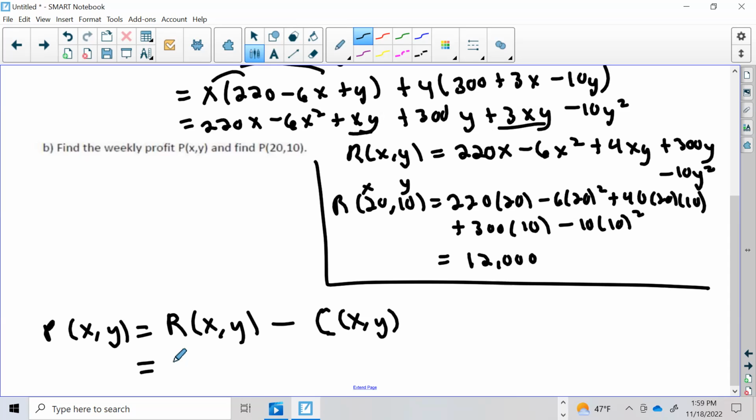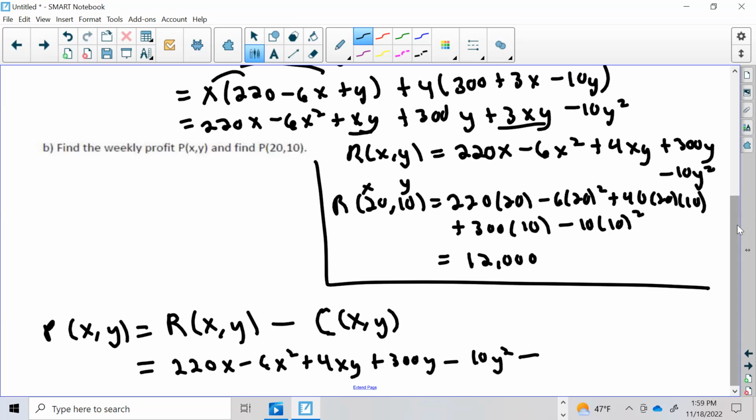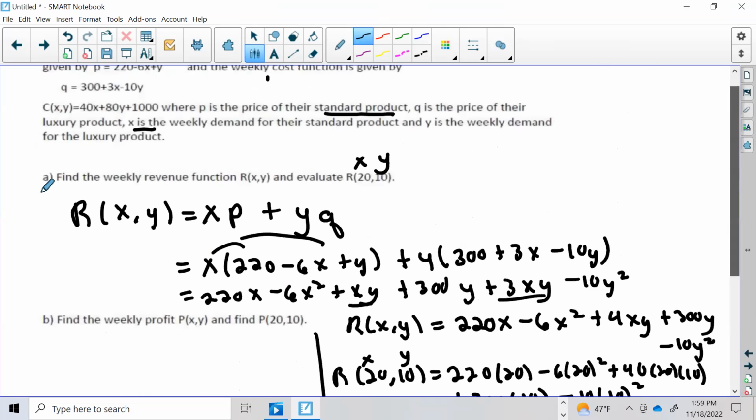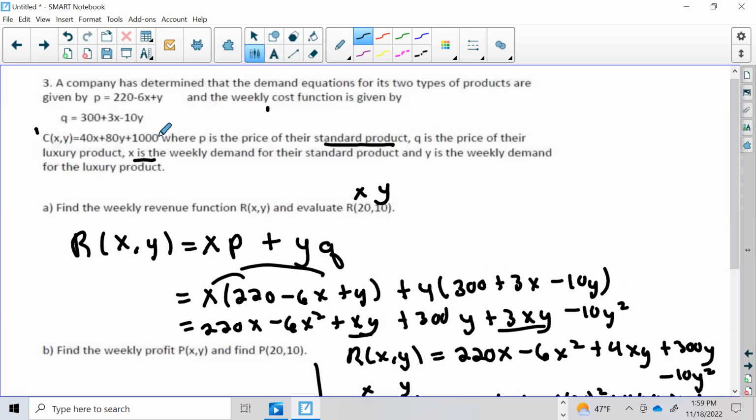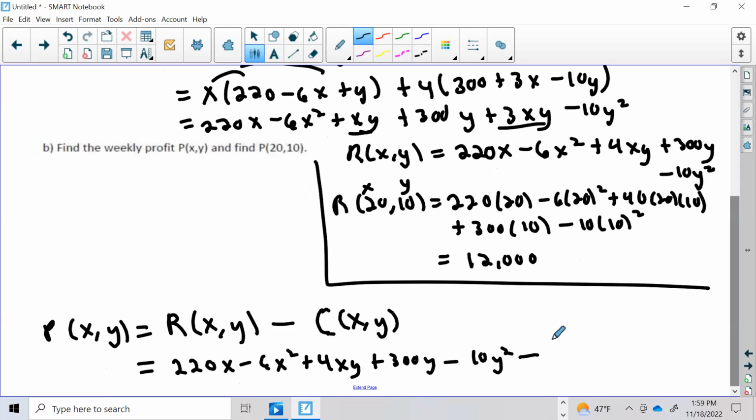So our revenue function is this 220x minus 6x squared plus 4xy plus 300y minus 10y squared. And then I'm going to subtract my cost function, which is here. So 40x plus 80y plus 1,000.